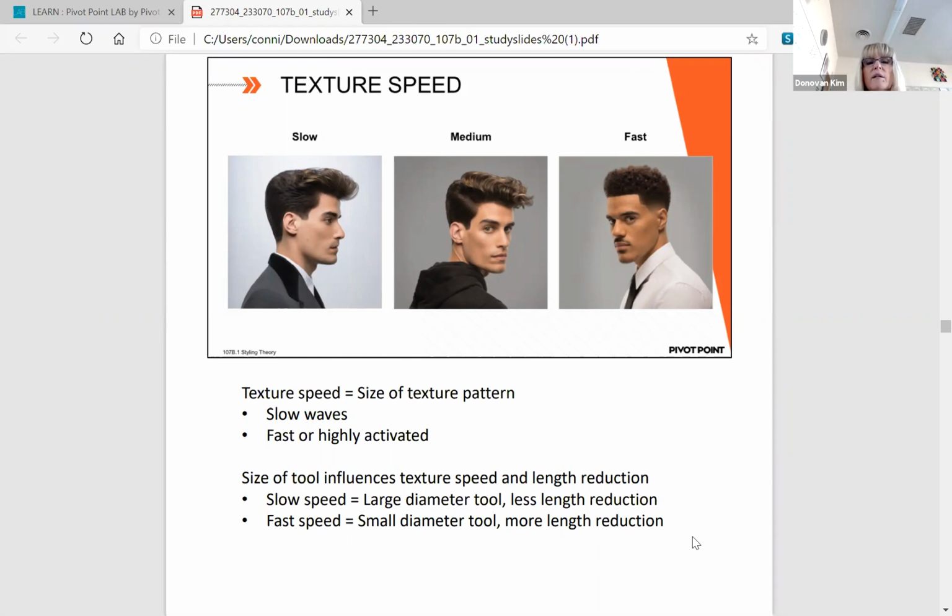A medium speed is usually a slightly smaller tool with a little more curl to it. And a fast speed is a small tool with some length reduction, and it's going to be really curly for most of us. We're going to think of that hair as tightly curled.